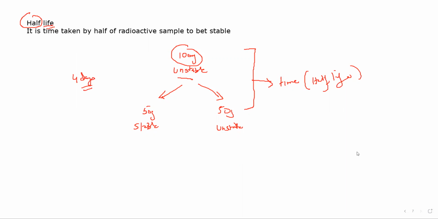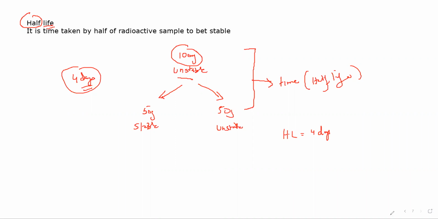The 100 gram is changing into 50 gram stable and 50 gram unstable. What is the half-life of this sample? Half-life is 4 days, because half-life is the time taken by the sample to be half of its original value.